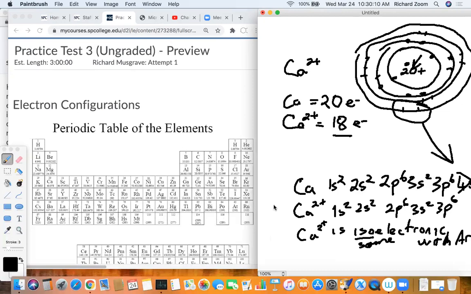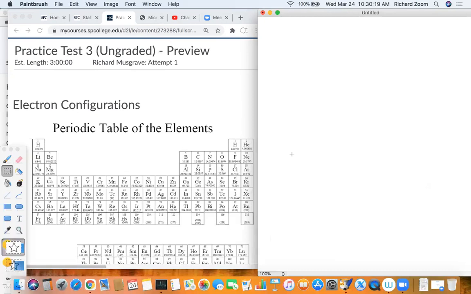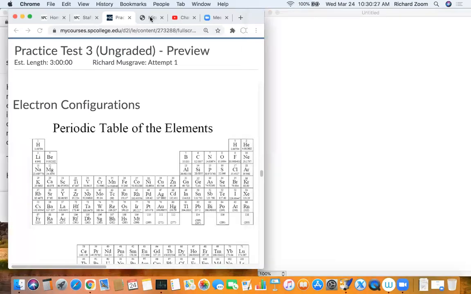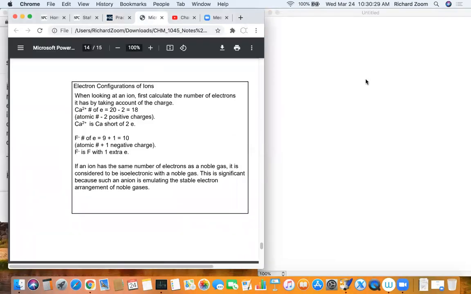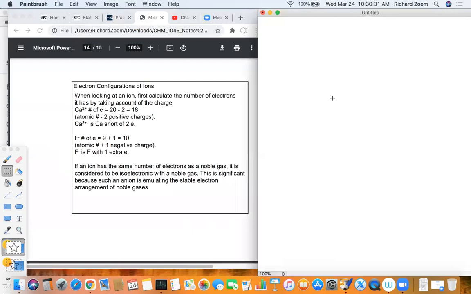Okay. I'll do one more example here. This is a negative ion that I'm going to do now, and that's for fluorine. Fluorine is F, which is -1.